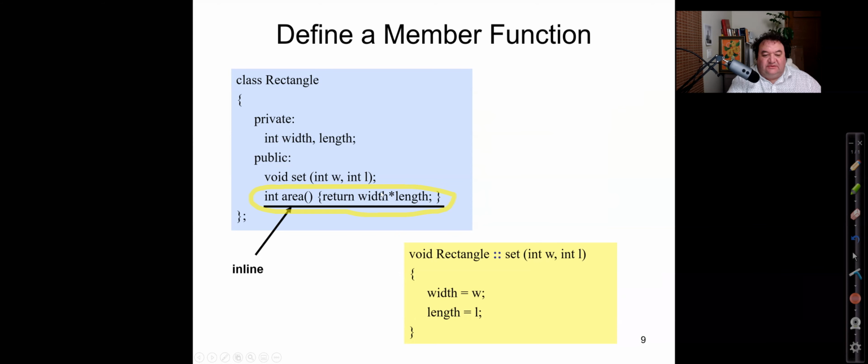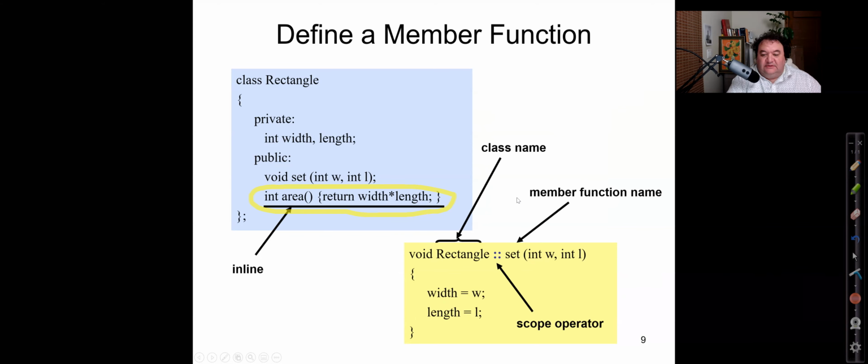Obviously, the signature has to match the one given inside the class. And then here we assign the value to the local variable. So class name, member function name, and this gives the scope in which the function is defined.